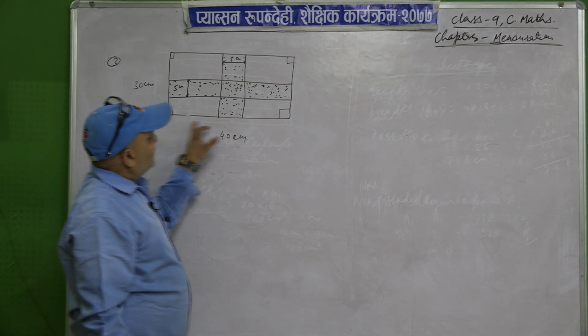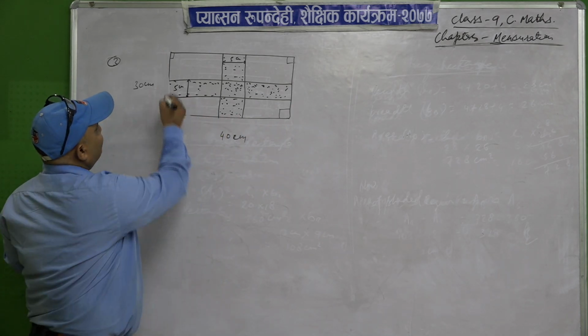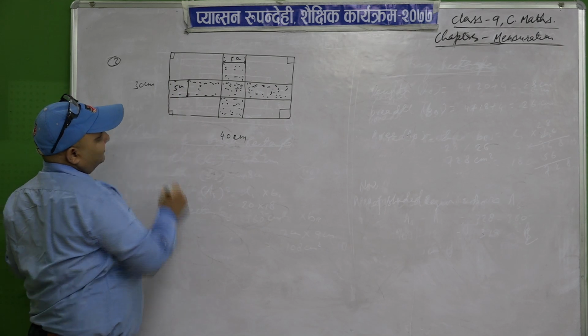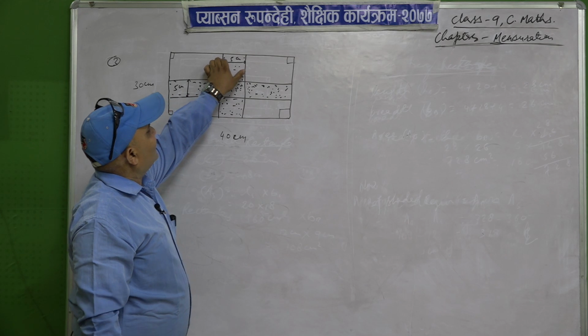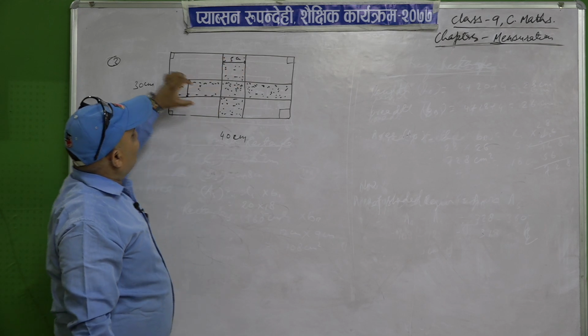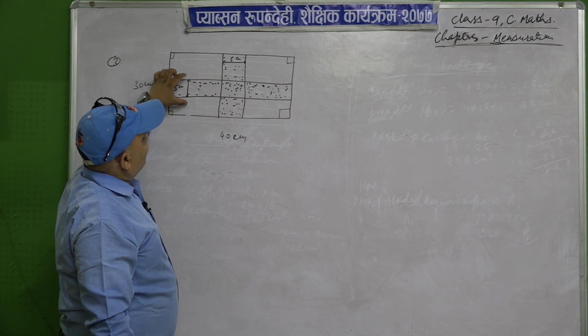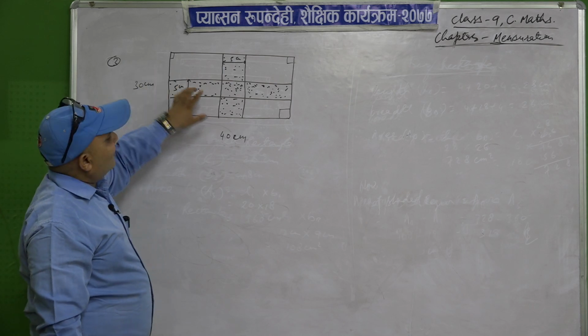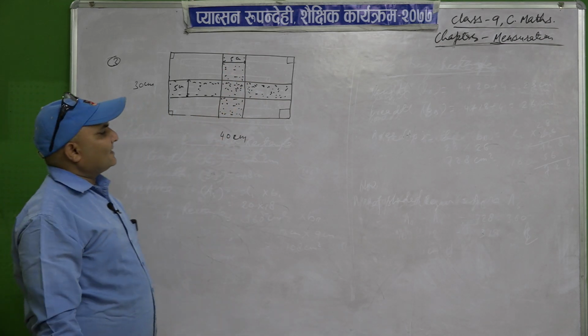Only the length of the rectangle is given, the breadth of the rectangle is given, and the uniform width 5 centimeter of this parallel line or this road is given. Now we have to find out this shaded region.